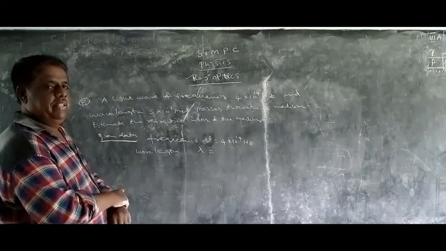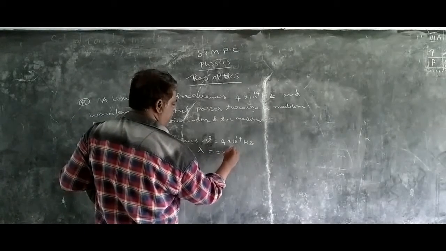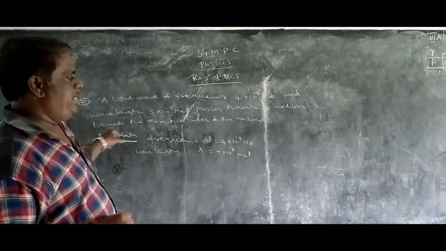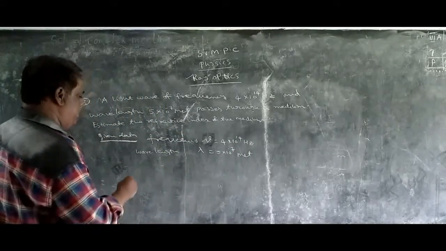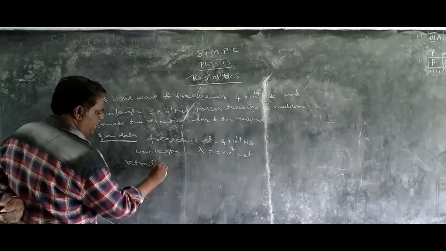Wavelength should be denoted with lambda. 5 into 10 power minus 7 meters. Through a medium, estimate the refractive index. Generally, the formula for refractive index is needed here.